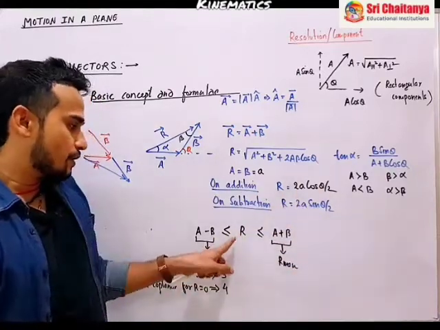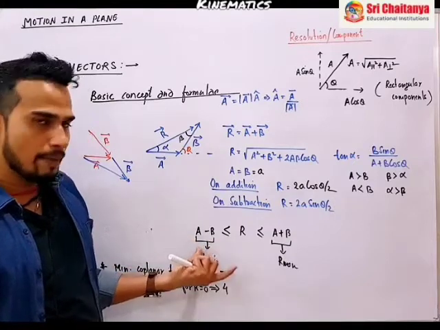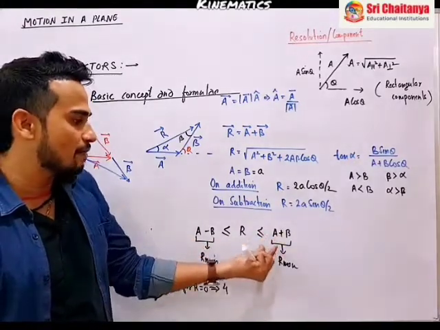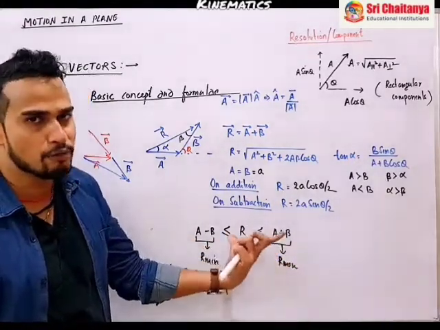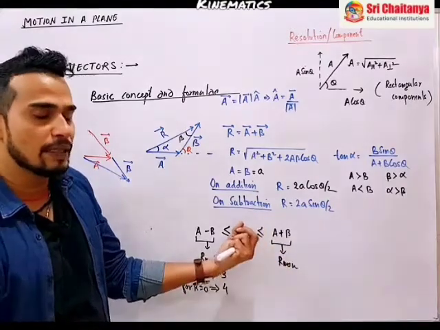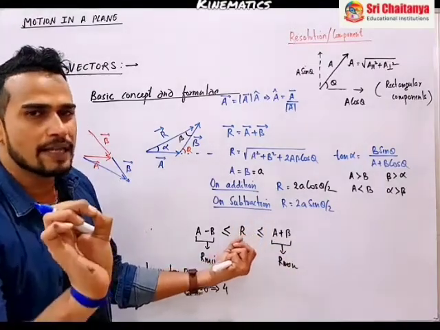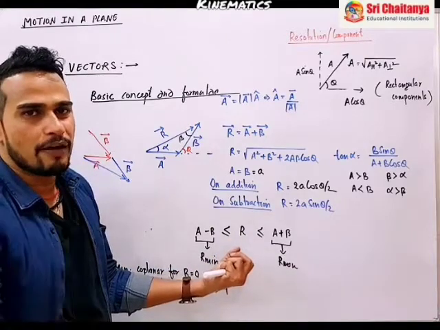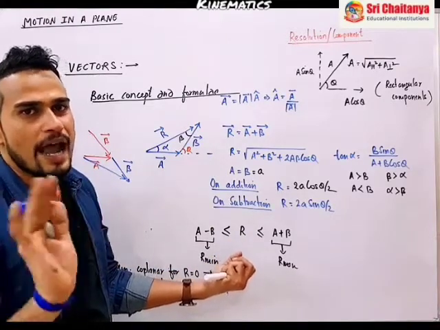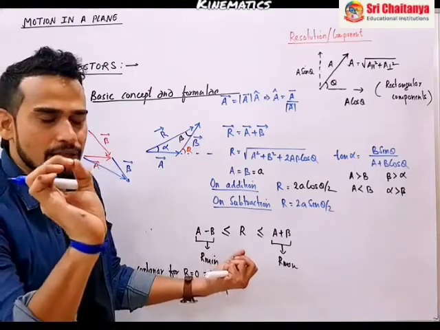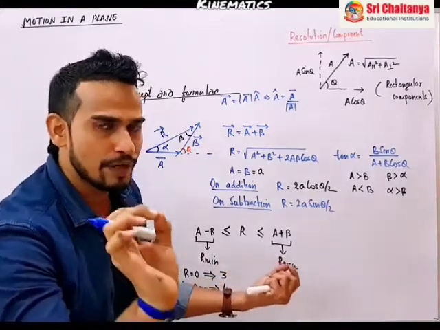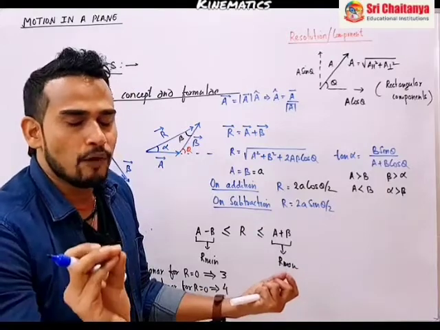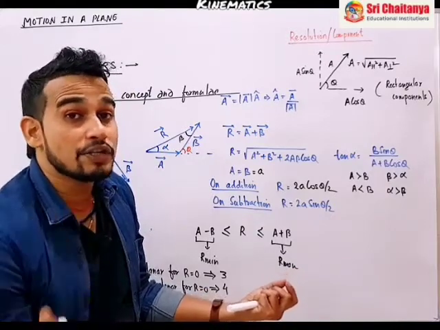Then the range of the resultant. The resultant will have minimum value a minus b and maximum value a plus b. Again an important part, questions have been asked from here. For example, they will say two vectors having magnitude 3 and 5 are added. Which of the following cannot be a possible resultant?